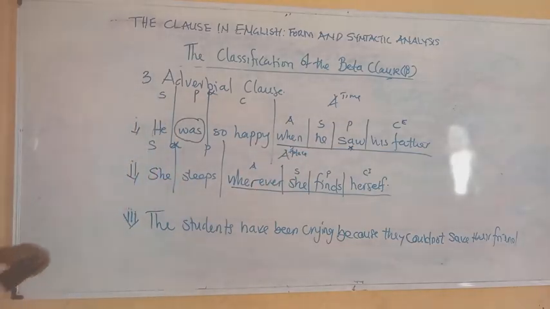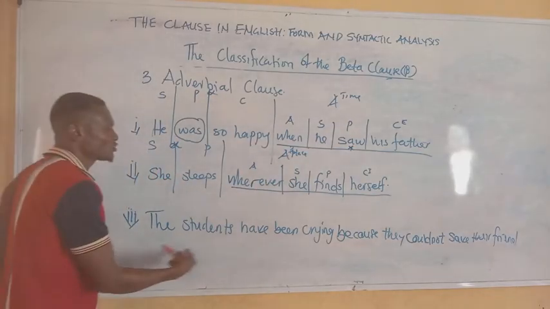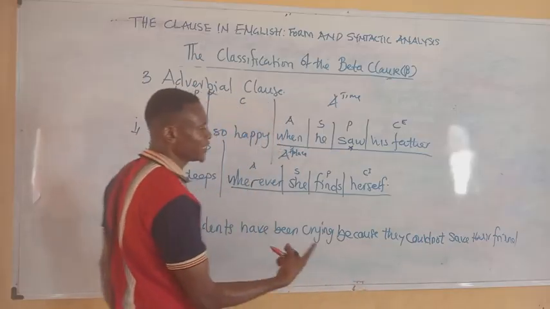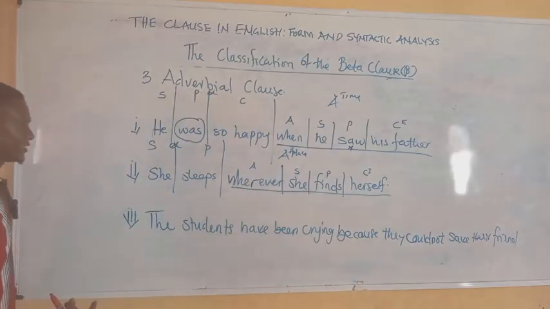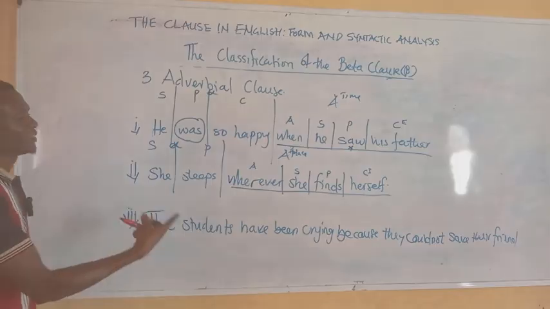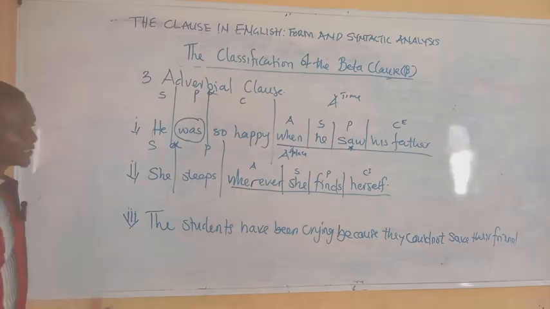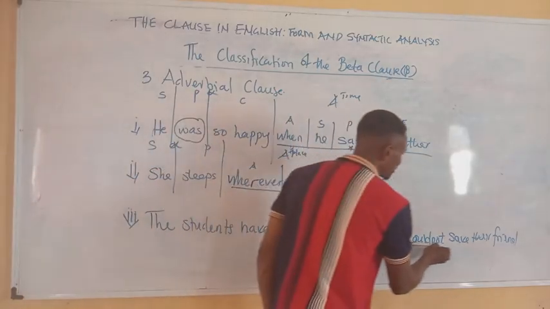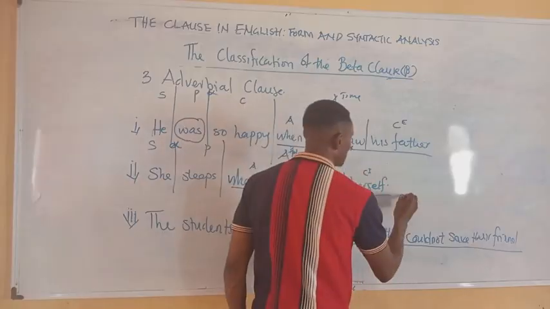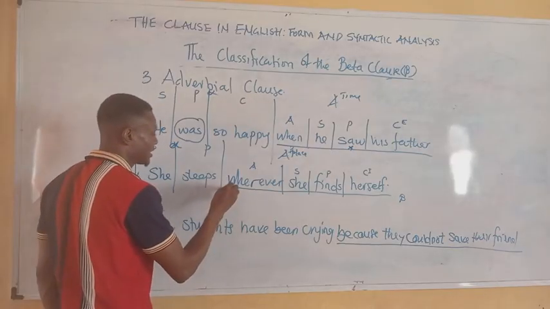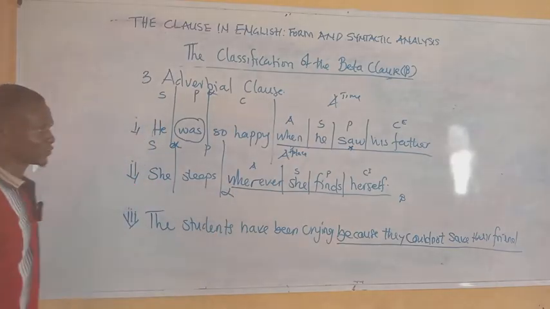Get it? The last one here, we have: the students have been crying because they couldn't save their friend. Because they couldn't save their friend is a beta clause, while the students have been crying is an alpha clause.